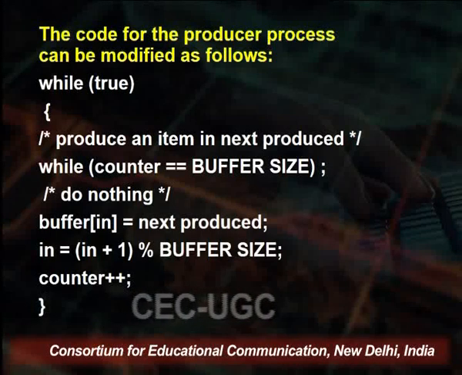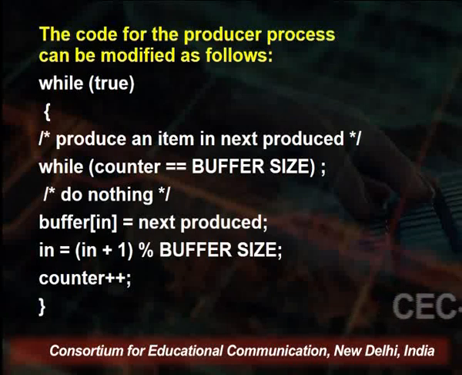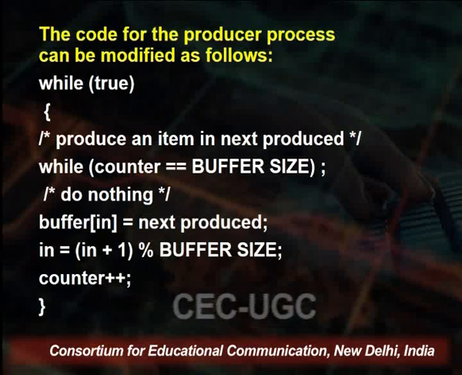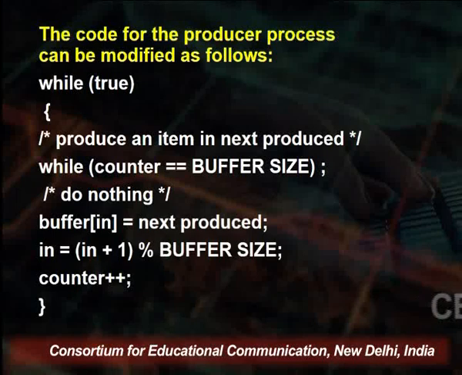So, this is the situation where your buffer is full. So, for the time this situation persists, the situation is of do nothing. And if we have something to store, that means some space is available, then the item produced is going to be stored inside the in index in the buffer array.